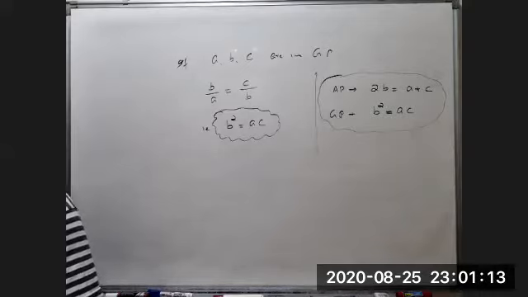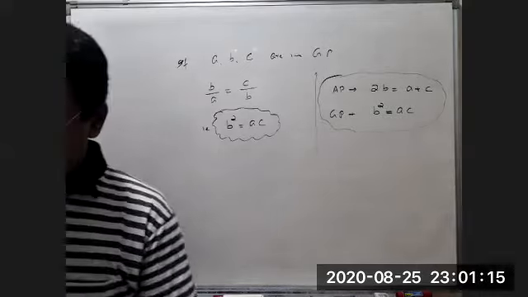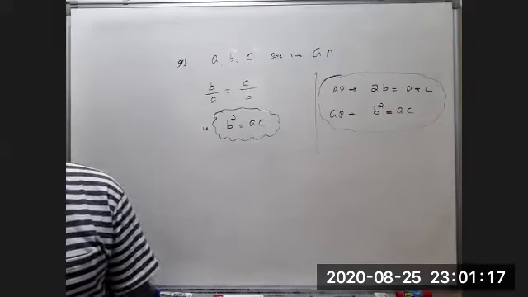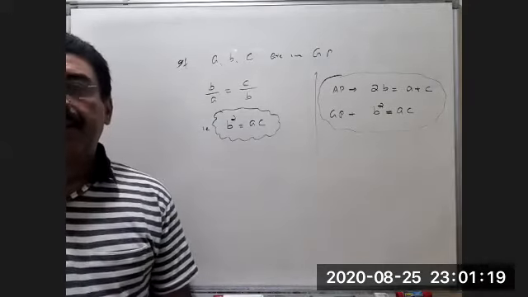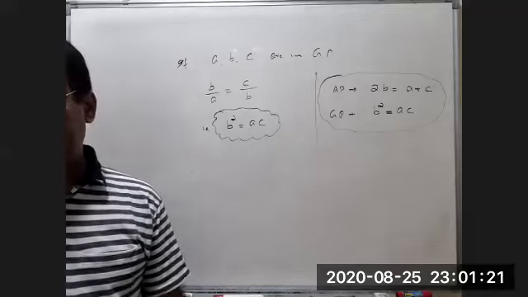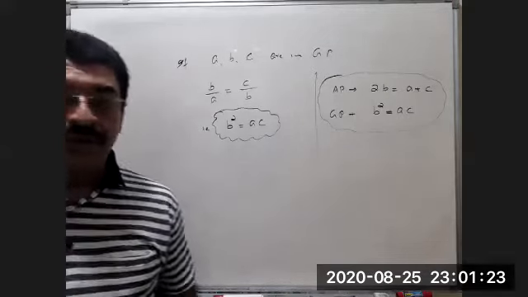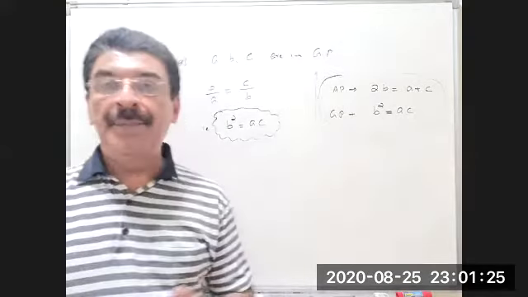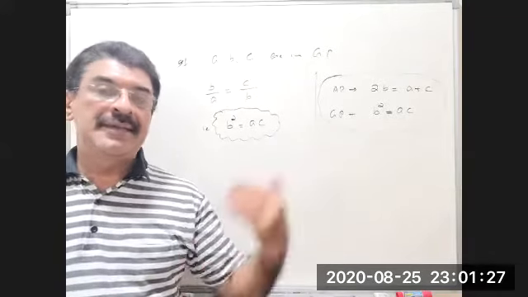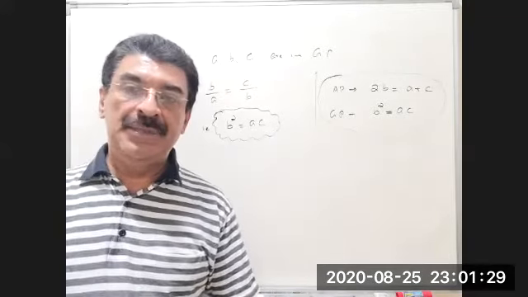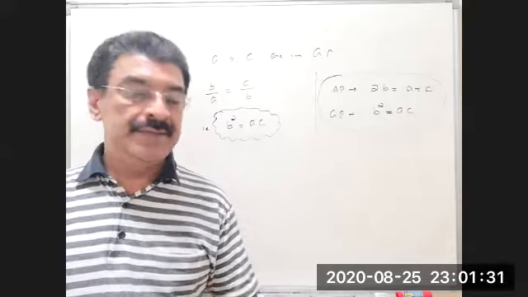B square is equal to AC. So remember it, for AP, 2B is A plus C, and for GP, B square is AC.